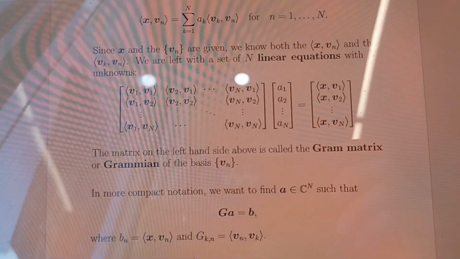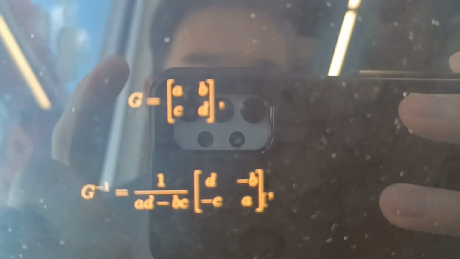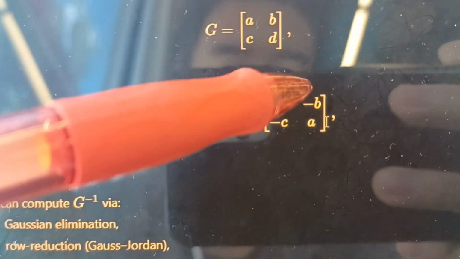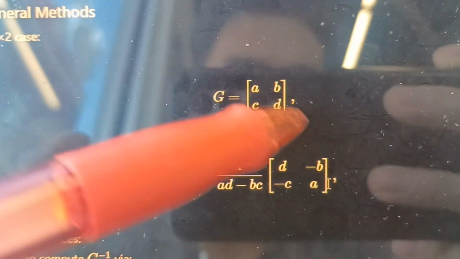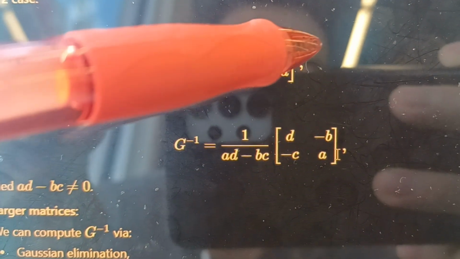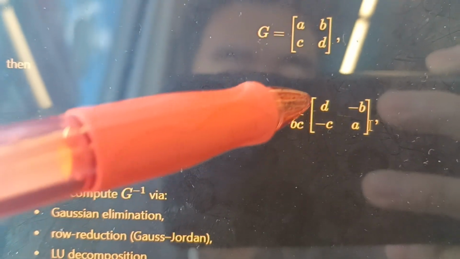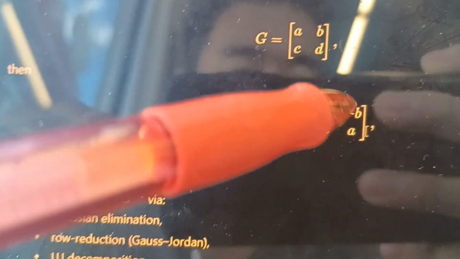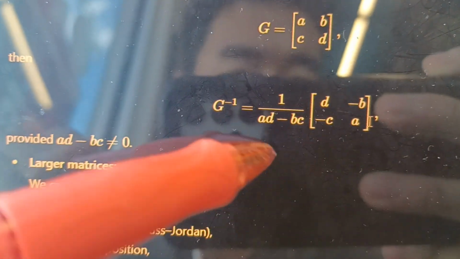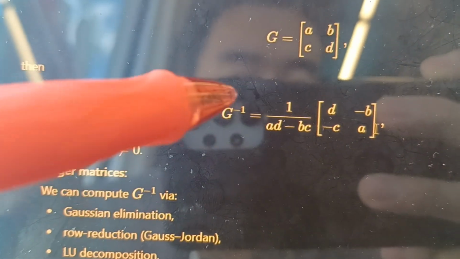To give an example, you flip this way, then flip the sign this way, and then you get the determinant, which is this times this, subtract, and then put it under 1.